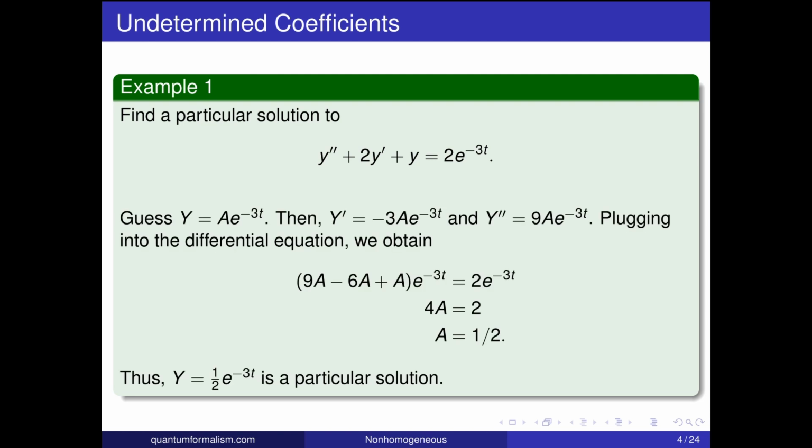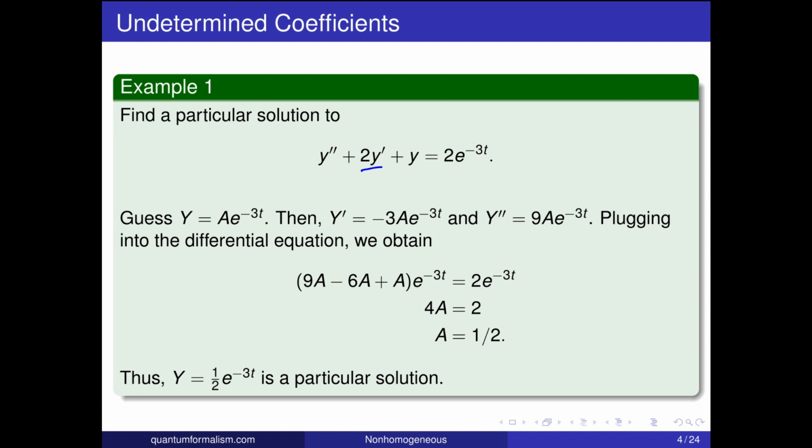All right, so we'll guess capital A e to the minus 3t, then capital Y prime is minus 3A e to the minus 3t, and capital Y double prime will be 9A e to the minus 3t. Plugging everything in, we have 9A from the second derivative, minus 6A from 2 times the first derivative, plus A just from the function itself.